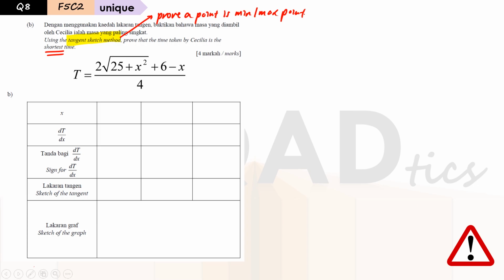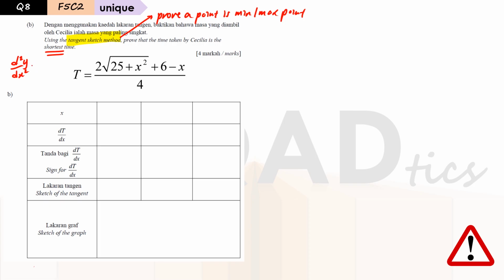So if you recall back this chapter, there is also another way to do this, to prove whether the point is a minimum or maximum point, which is to double differentiate the original equation, or is d squared y over dx squared, right? Which is this one, if you remember.